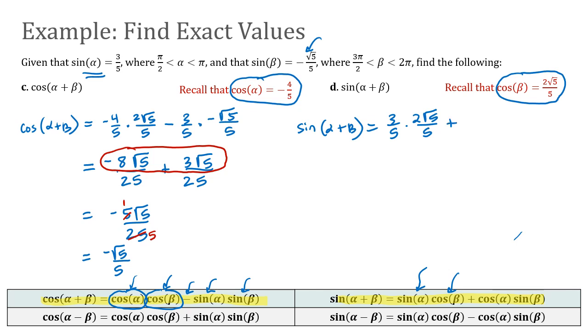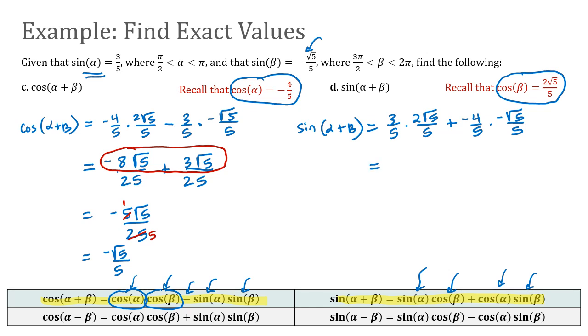I'm going to add to that the cosine of alpha, which I determined was negative 4 over 5. And I'm going to multiply that by the sine of beta. The sine of beta was given to us as negative square root of 5 over 5. Okay, so now I will multiply all of that out.